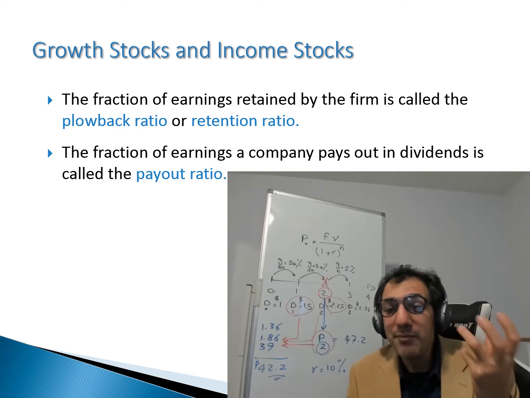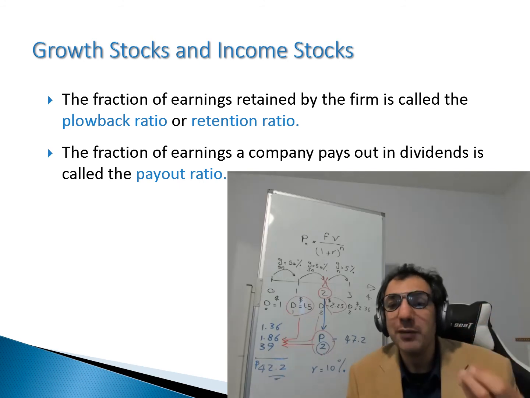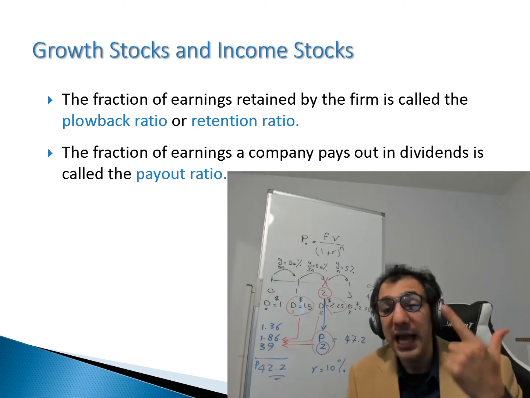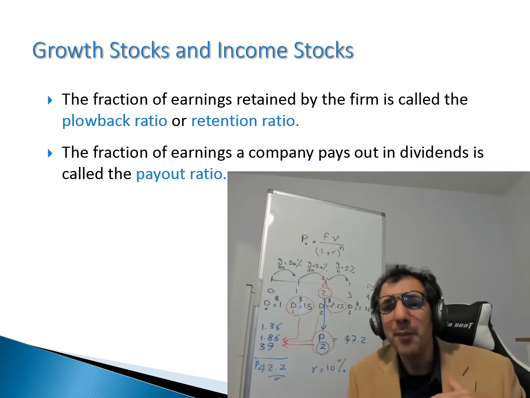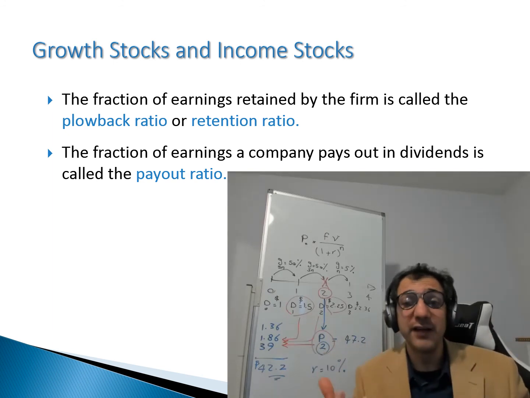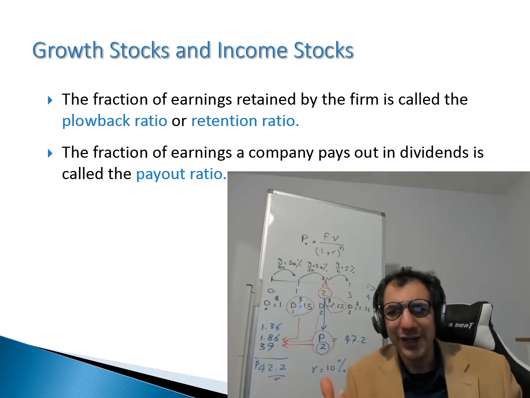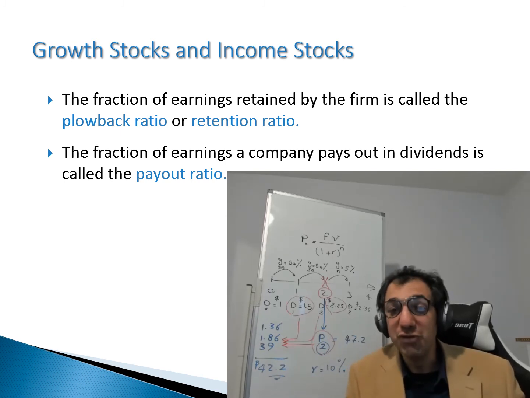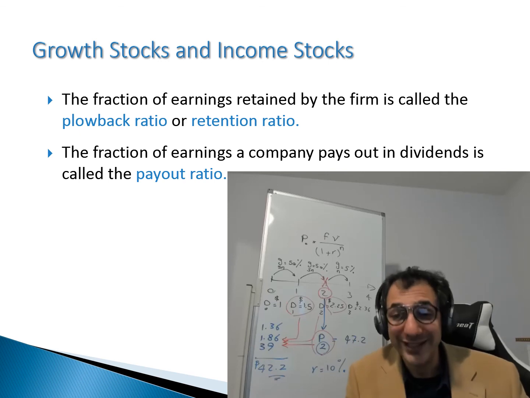So that's one major factor which determines the growth rate of the company and the growth rate of the dividend. The second factor is what the company is doing with that money. Let's say the company has $1 million available to invest. The question is, are they going to waste that money, or are they going to find good investment opportunities? So the second factor is return on equity.